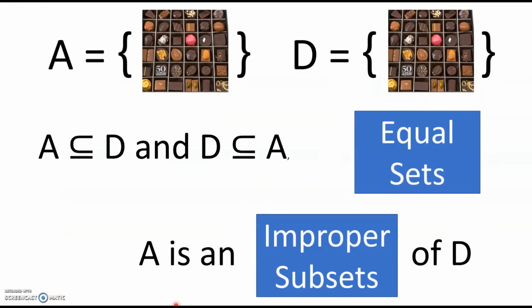Next, let's see what equal sets are. Let's consider two sets, A and D. Set A is a box of chocolates, and set D is another typical box of chocolates.